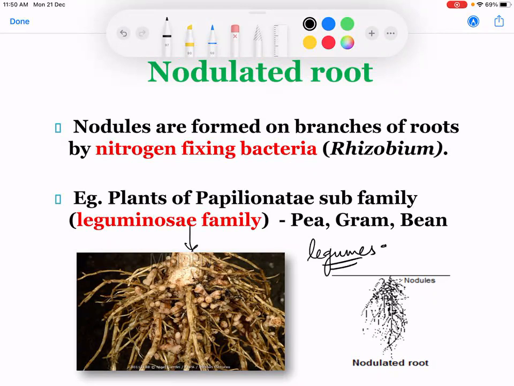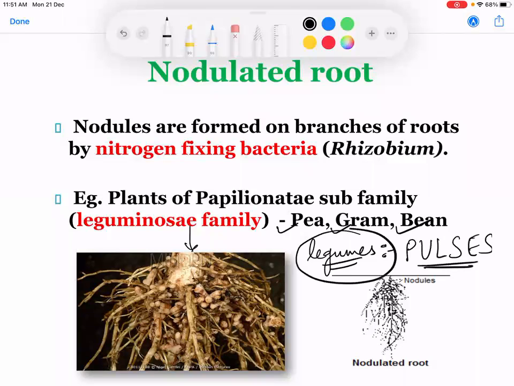They produce specific types of beans, for example pea, gram, and other beans. Legumes generally produce pulses, so pulse-producing plants are commonly known as legumes.